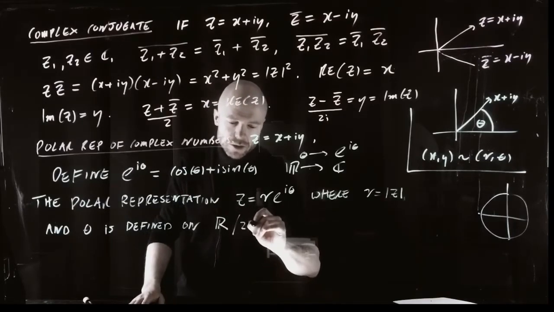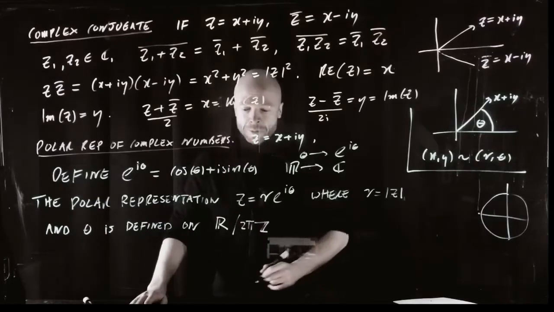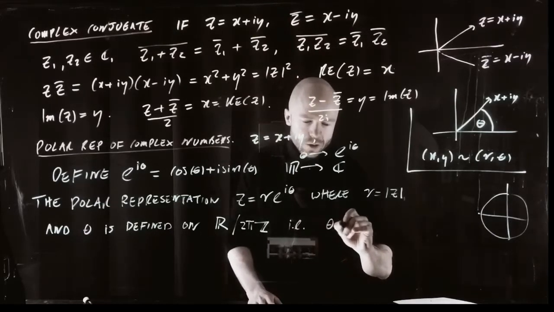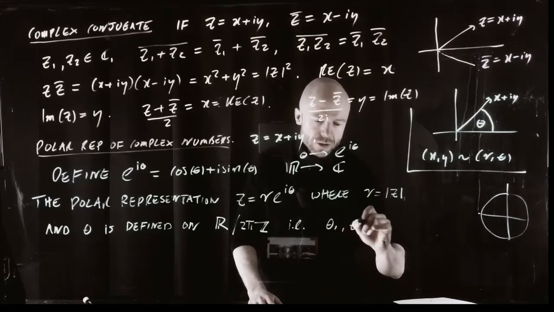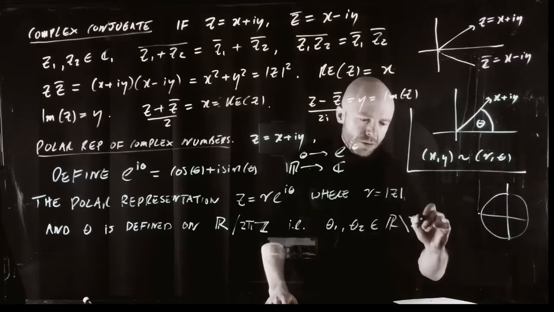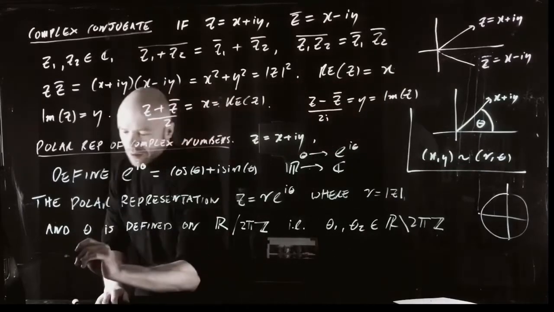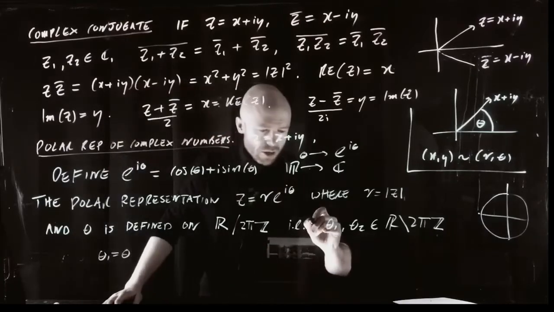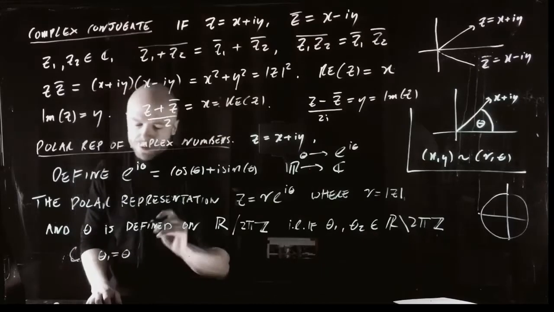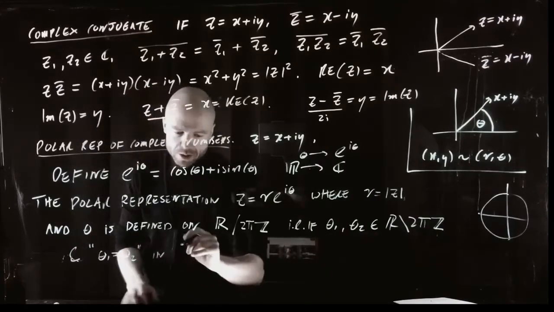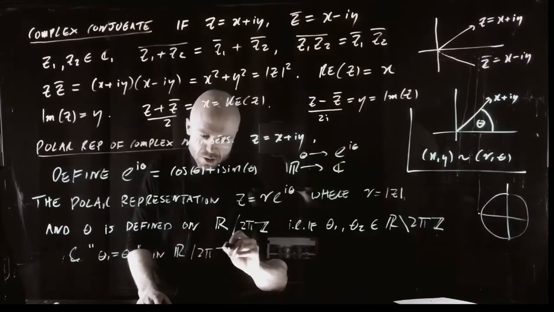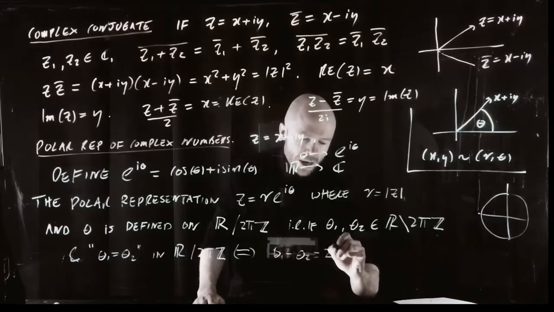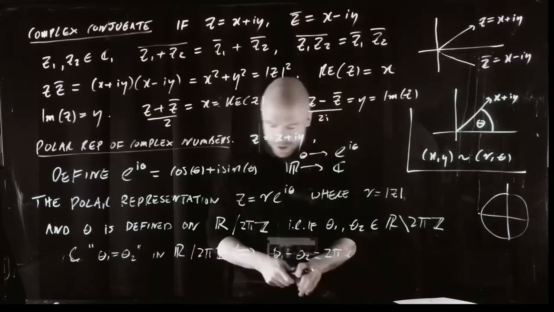So we write this as R modulo 2 pi Z, which is when you quotient out the 2 pi Z. That is, we consider theta 1 and theta 2 inside this group to be equal to each other, and this is equivalent to saying that theta 1 minus theta 2 is 2 pi times k for some k inside the integers.